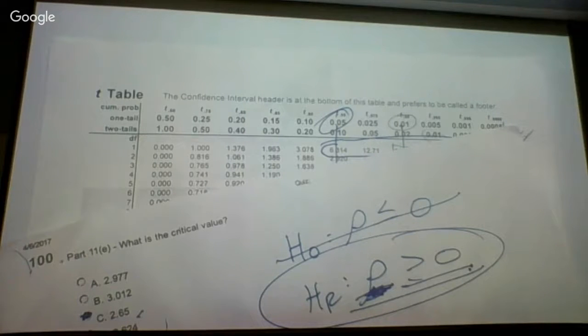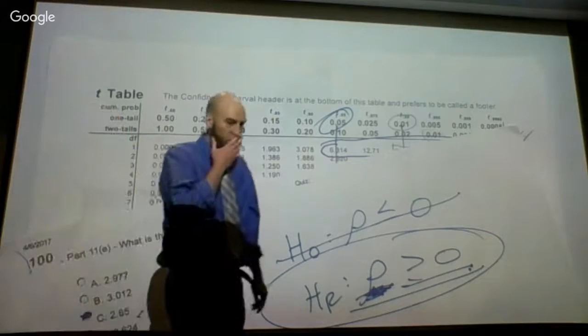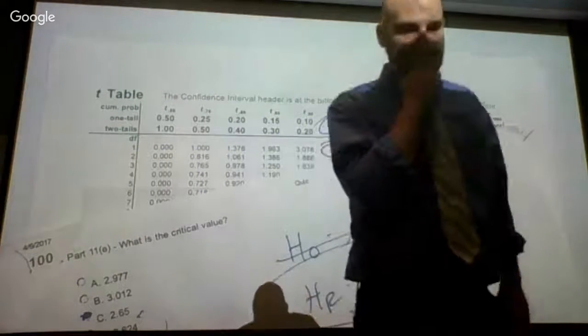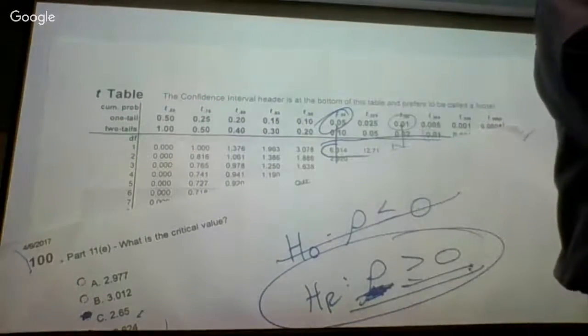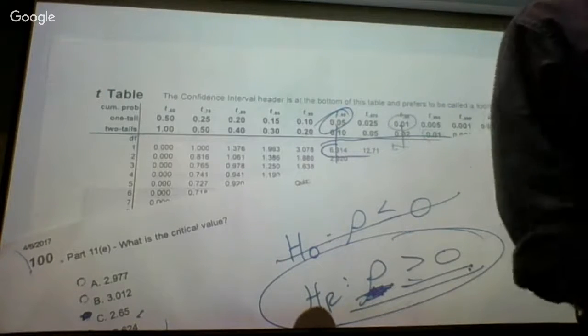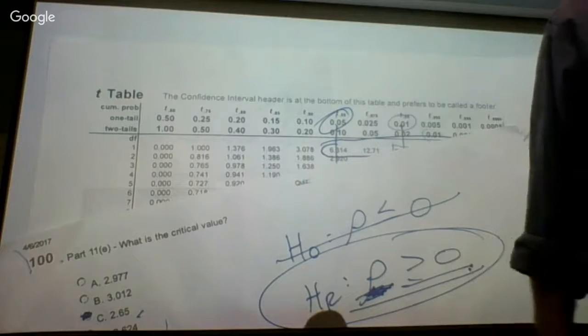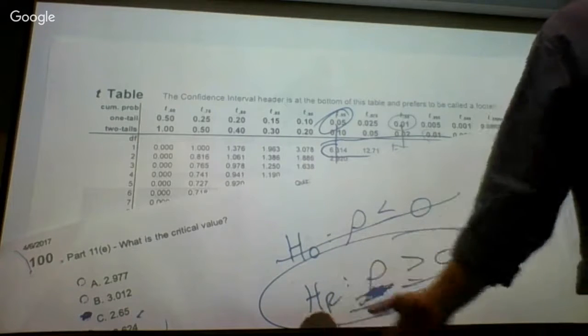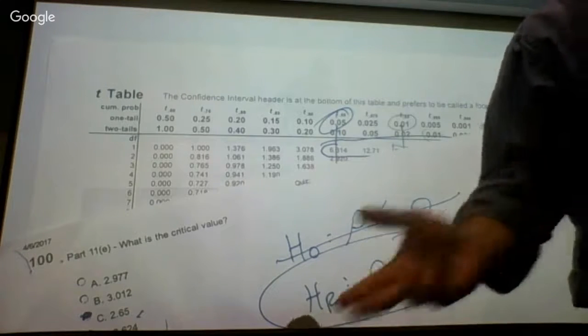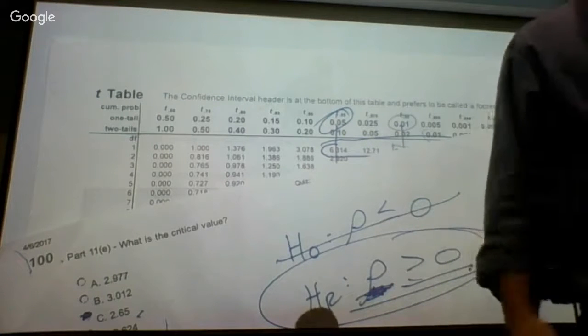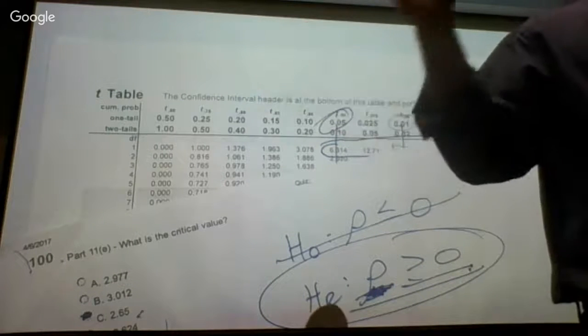On the quiz, it will say, test the hypothesis that these are negatively correlated, or test the hypothesis that these are positively correlated. That would be directional. Or I would say, test the hypothesis that these are correlated.